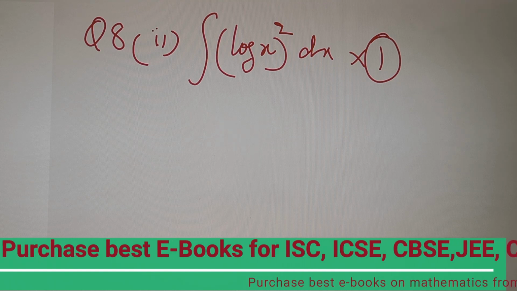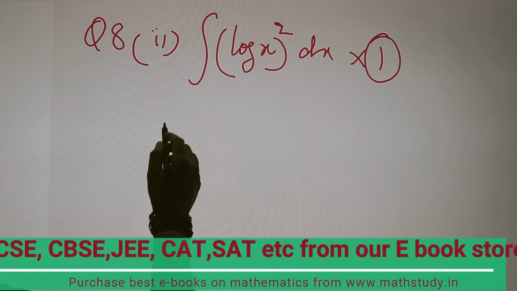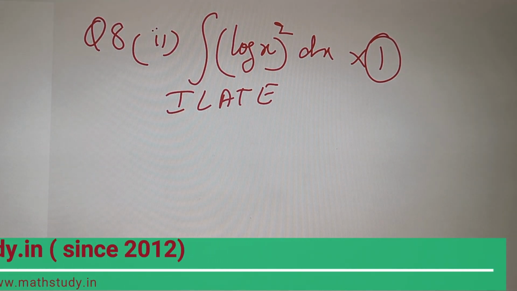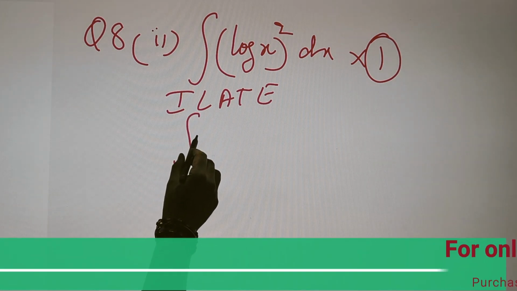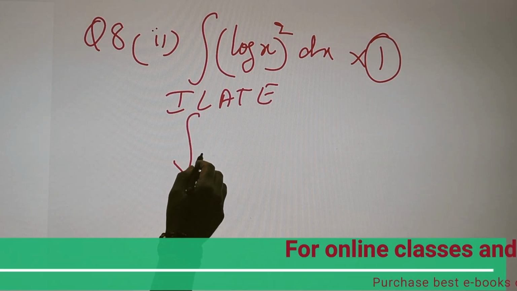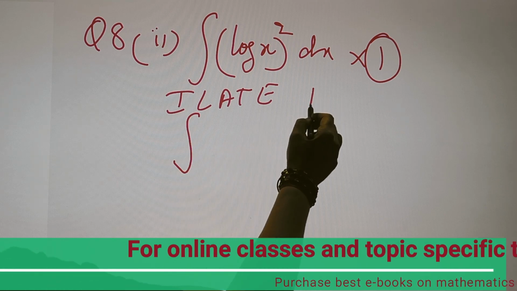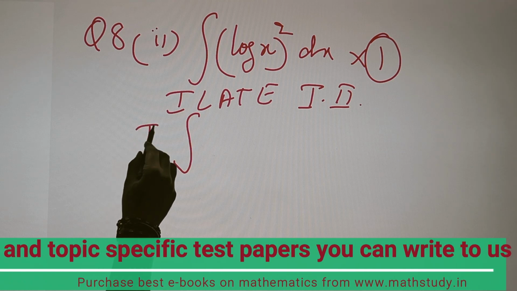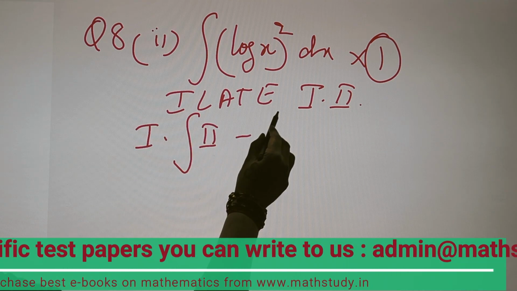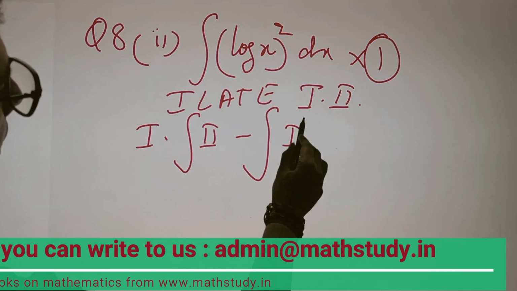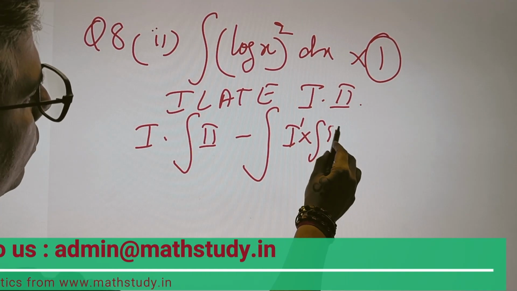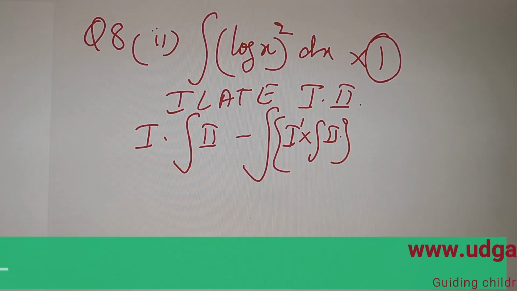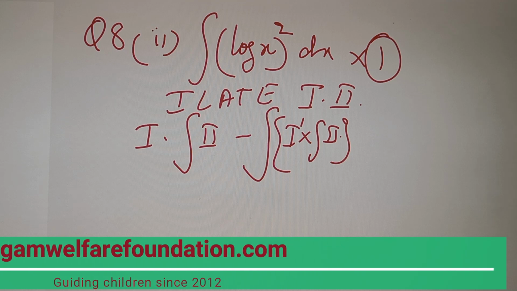Now what we'll do here, we need to use the ILATE method. So we will be considering integration of log x whole square as the first function into the second function, which implies first into integration of second minus integration of derivative of first into integration of second function. So we need to integrate this way only by using the ILATE method.